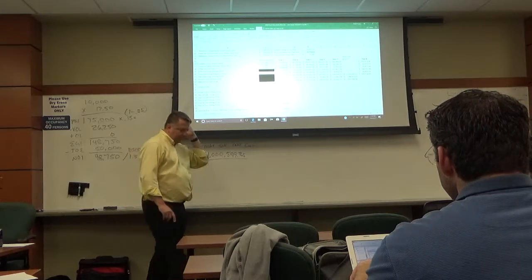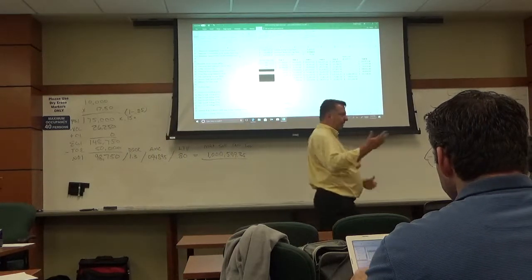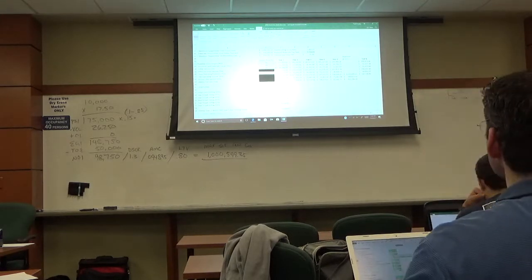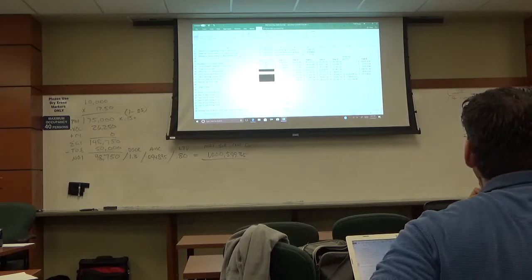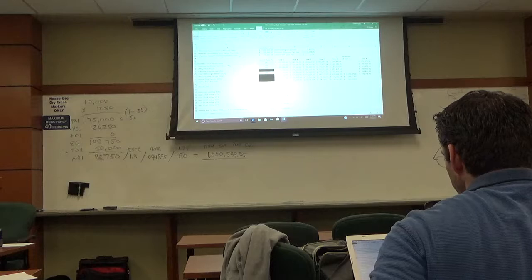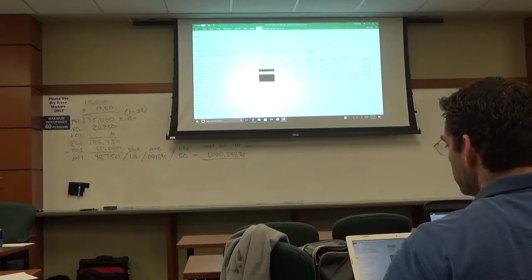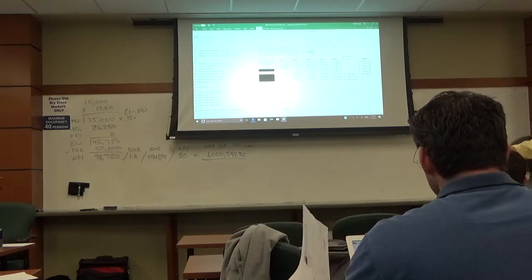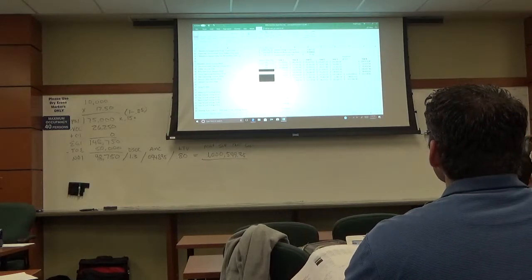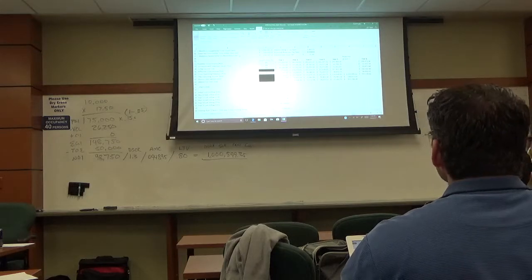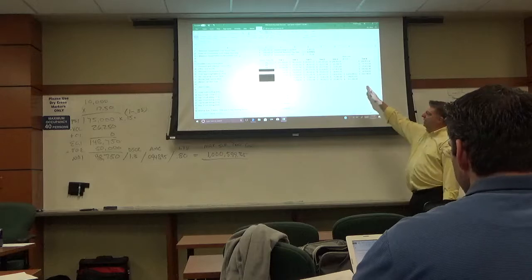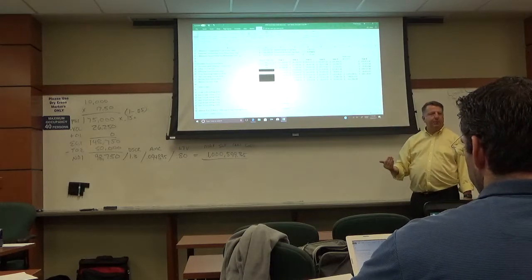But what I've done with this extension of the model is to say, let's make it a bit more realistic. Instead of a static, one-year snapshot of performance, let's make some assumptions about growth rates of income, growth rates of operating expenses, and so forth, so that we can calculate a 5-year projection for the property.